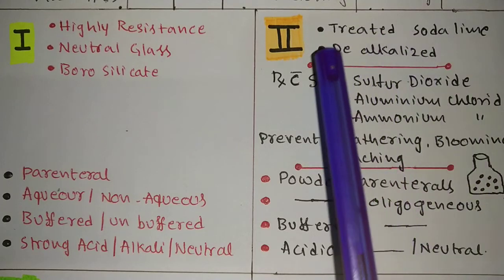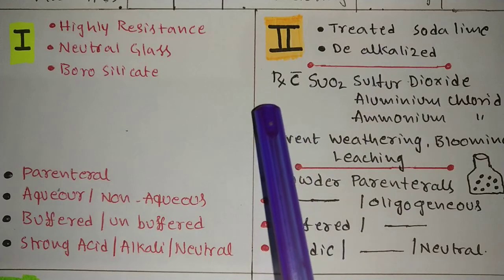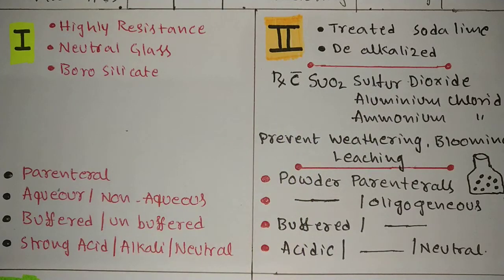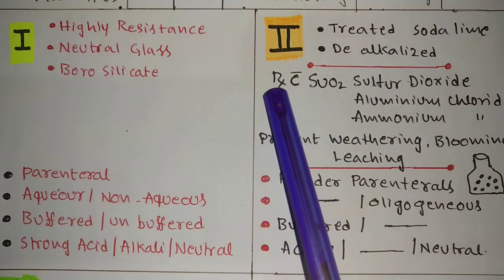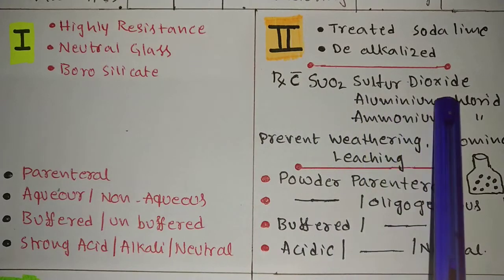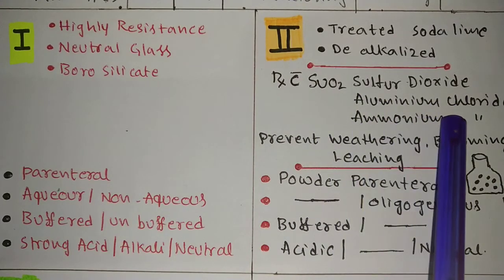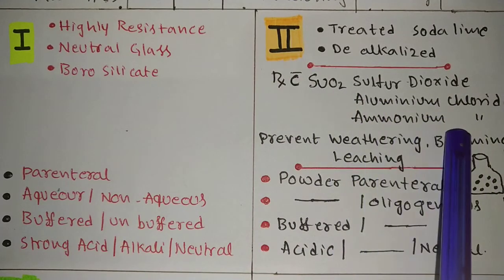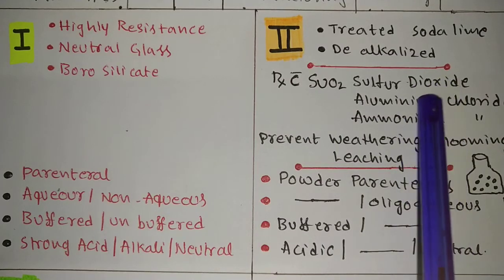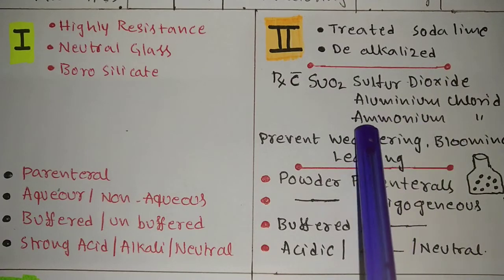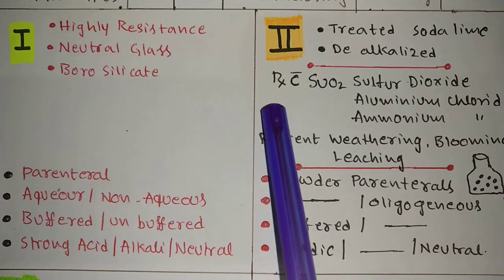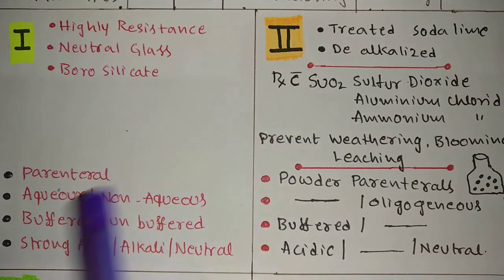What is this treatment? See here, the inner surface of the glass bottles we treat with sulfur dioxide, aluminum chloride or ammonium chloride. Any one we use for the treatment of the inner surface of the glass bottles.